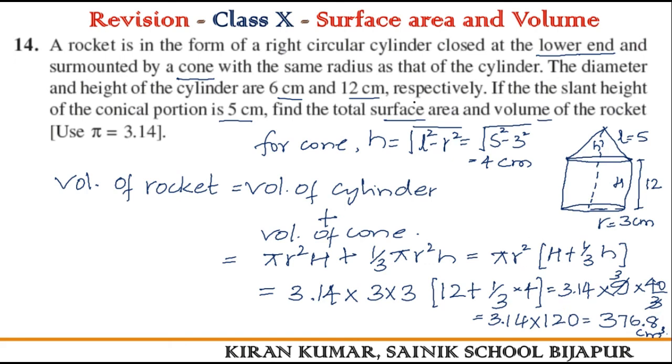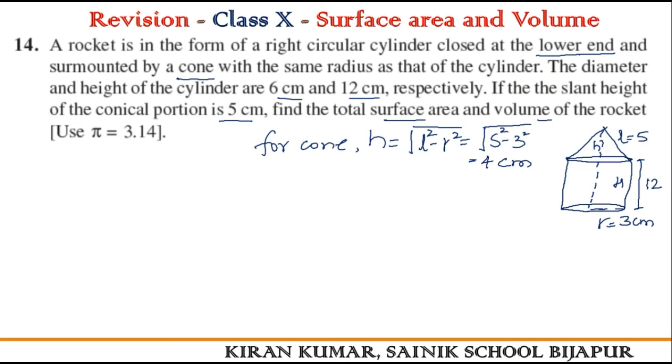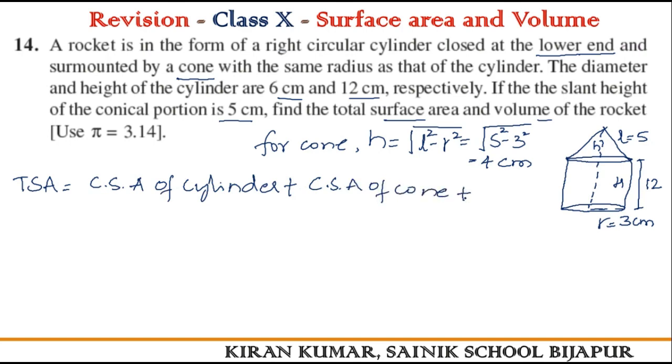They have asked us to find the total surface area also. How do we find the total surface area of the rocket? It is the curved surface area of cylinder plus the curved surface area of cone plus base of cylinder.